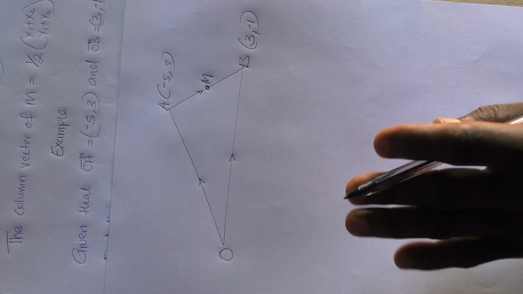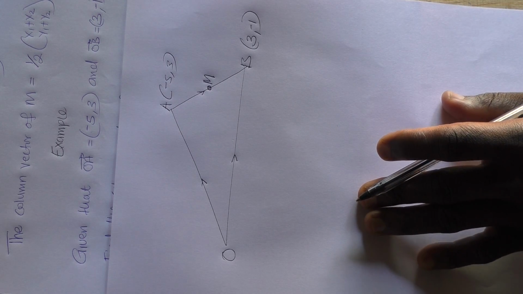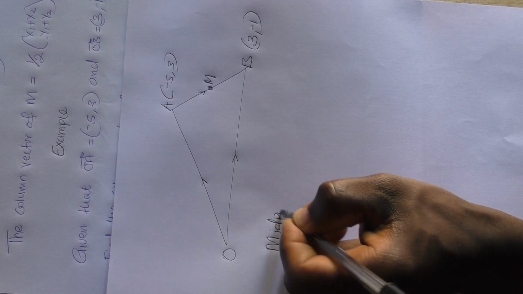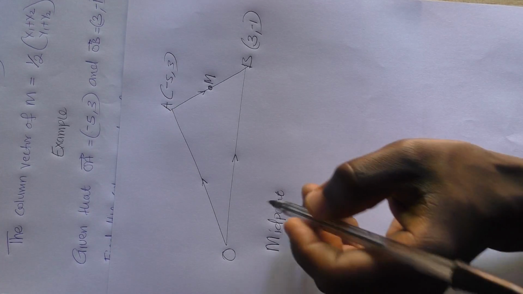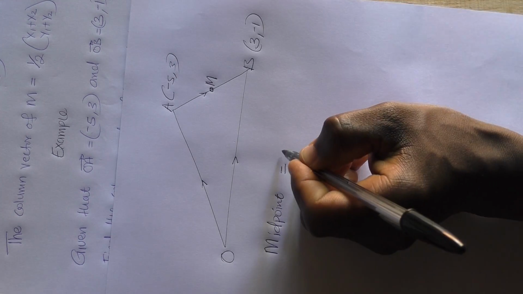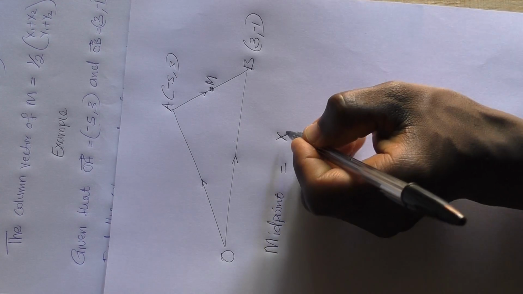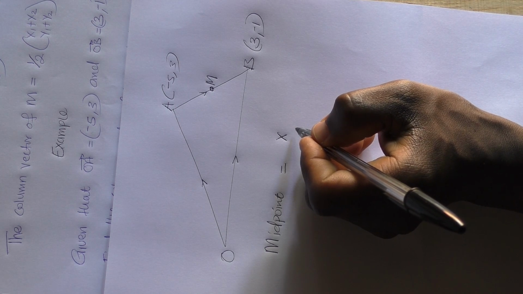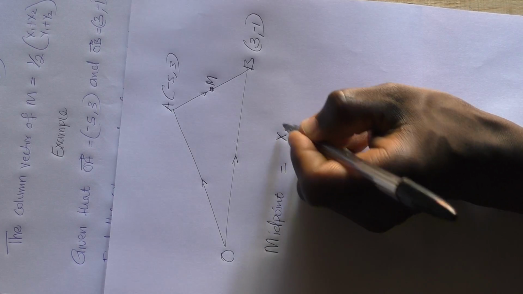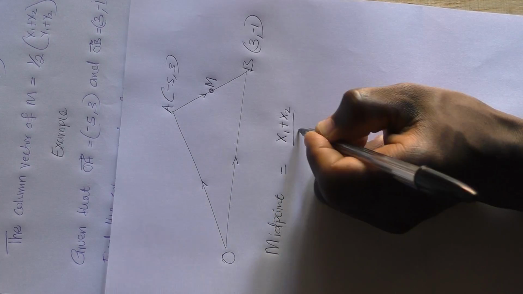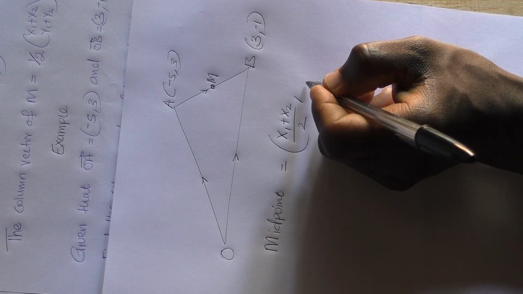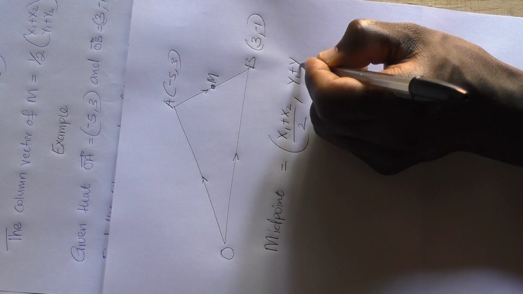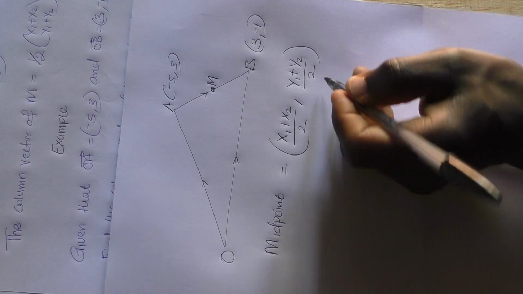But from our general formula, we've seen that the midpoint of a vector is given by the average of the x coordinates of the 2 points, that is x1 plus x2 over 2, and the average of the y coordinates, that is y1 plus y2 over 2.